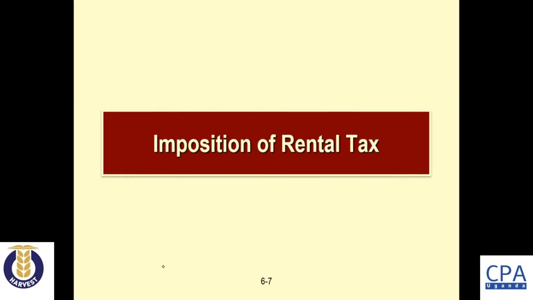So we continue by looking at the imposition of rental tax. As I mentioned at the beginning, no citizen is supposed to pay a tax unless it is imposed by an act of parliament.